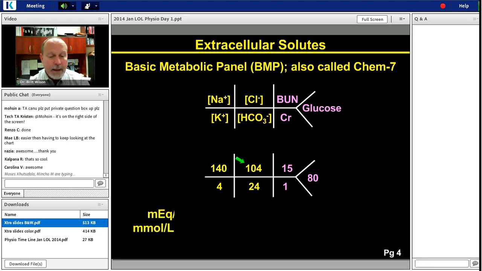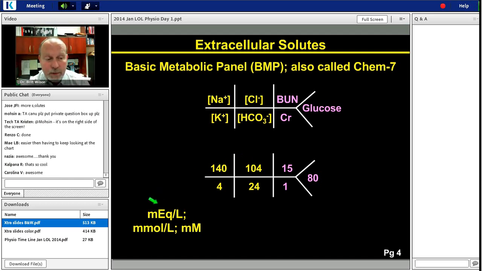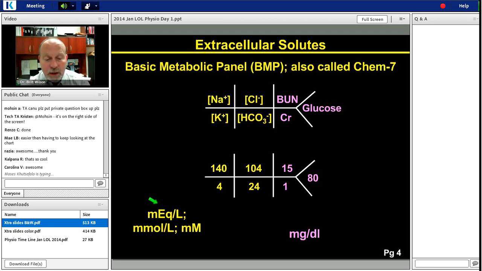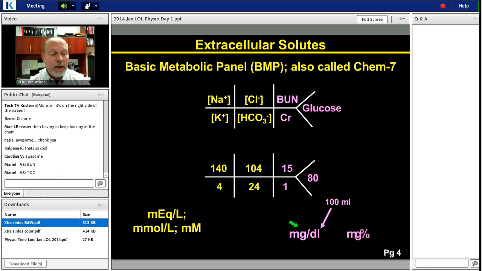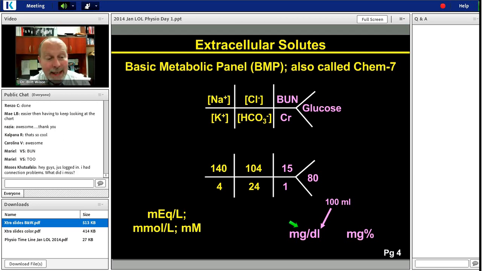All right, now all of these electrolytes are in milliequivalents per liter. BUN, creatinine, and glucose are measured in milligrams per deciliter. And a deciliter means per 100 mL. And you may see it in a clinical vignette on Step 1.